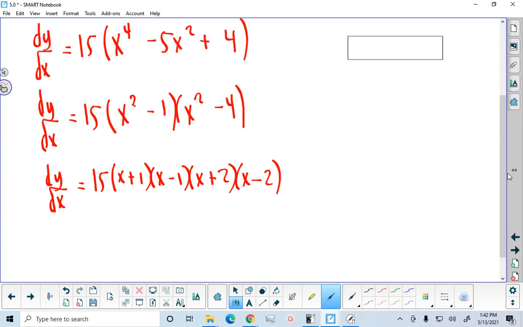Any questions with that series of two steps that you're looking at on the board right now? Okay, so what are our critical values of x? Our critical values of x are plus or minus 1, plus or minus 2, which means that you have to do a first derivative chart.